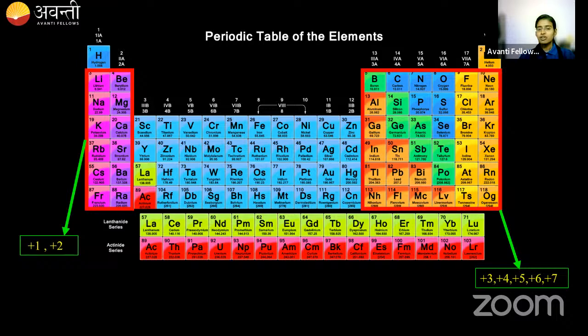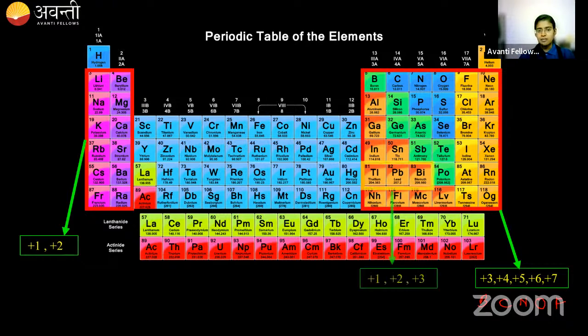In the same way, for P block elements, the oxidation state ranges from +3 till +7. +3 is for the boron group, +4 for the carbon group, +5 for the nitrogen group, +6 for the oxygen group, and +7 for the fluorine group. So each group will have only one stable oxidation state.